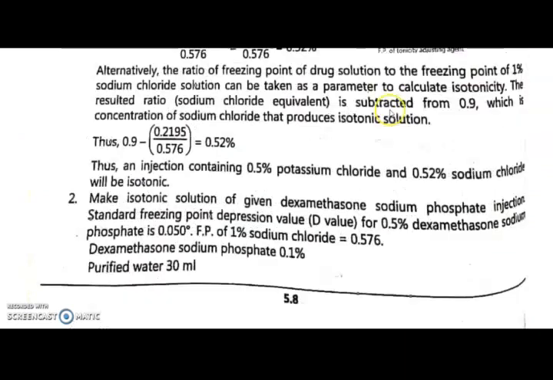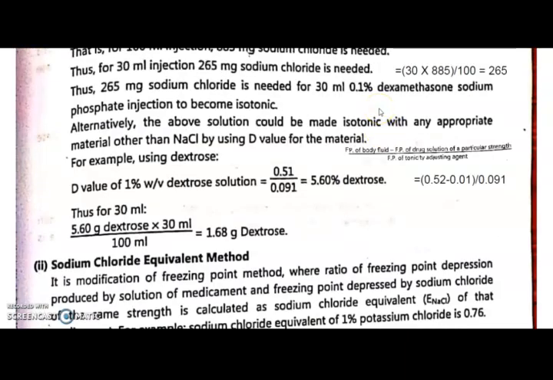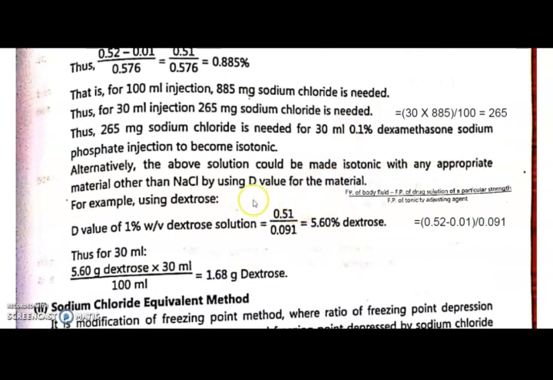As discussed earlier, let's calculate the percentage amount of dextrose needed to make a 0.1 percentage weight by volume dexamethasone sodium phosphate solution isotonic with body fluid, by using the equation: freezing point of body fluid minus freezing point of the drug solution, here dexamethasone sodium phosphate, divided by the freezing point of the tonicity adjusting agent. Here we are using dextrose as the tonicity adjusting substance.